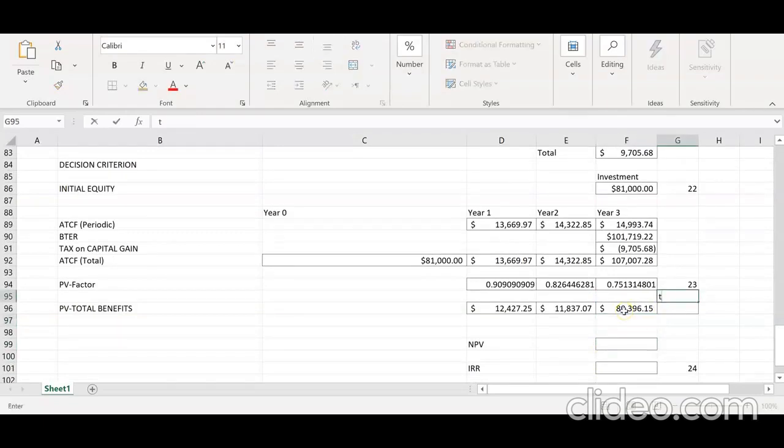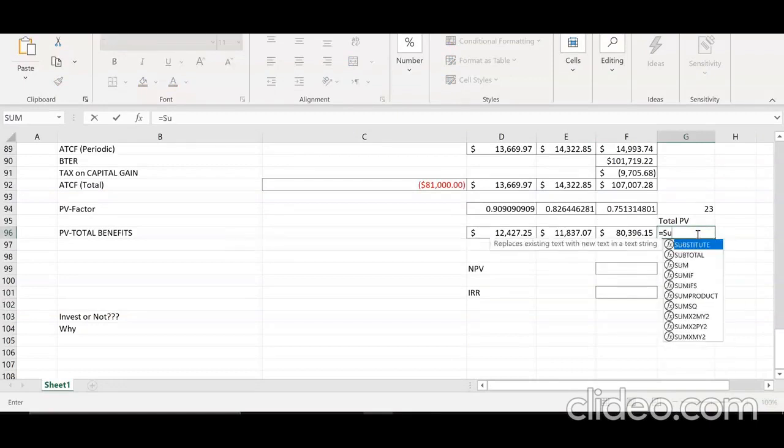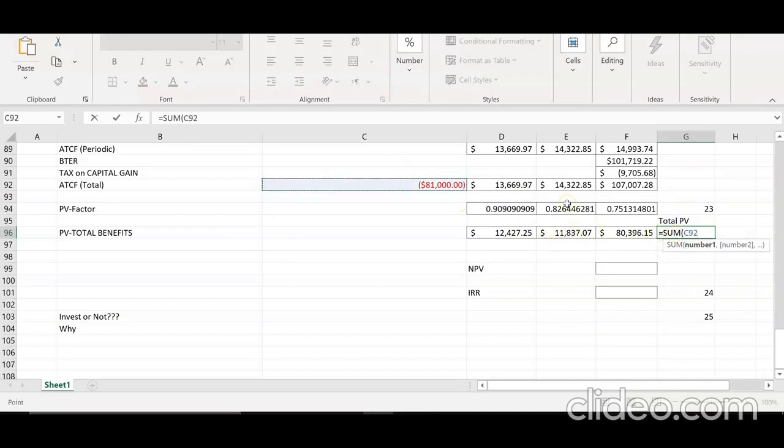The total present value, for the total PV, we're going to use the sum function. Then we're going to calculate this and those amounts. Then we close the parentheses.